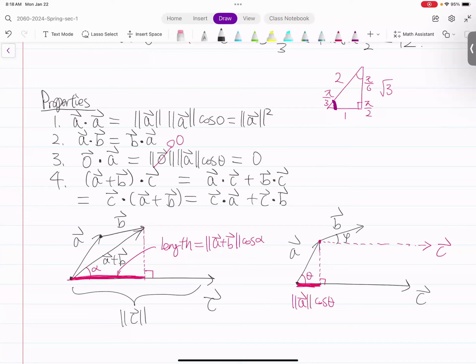So if I do the projection here, from this point going down to the dashed vector C in red, that's another projection. And this part is the magnitude of B cosine phi, which is the length of the projection that we want for B dot C. Sounds good?